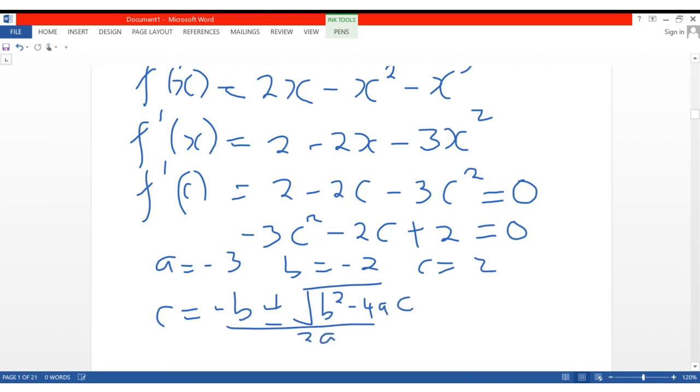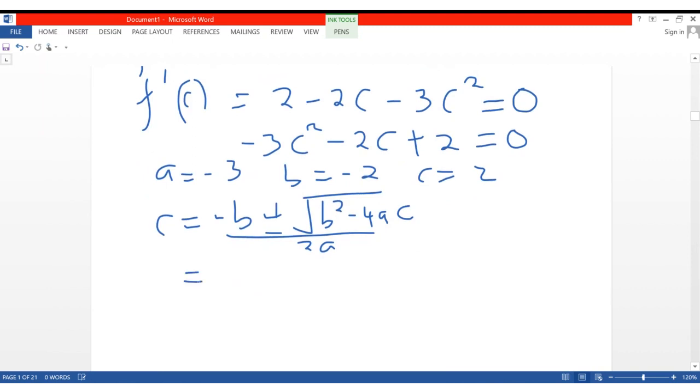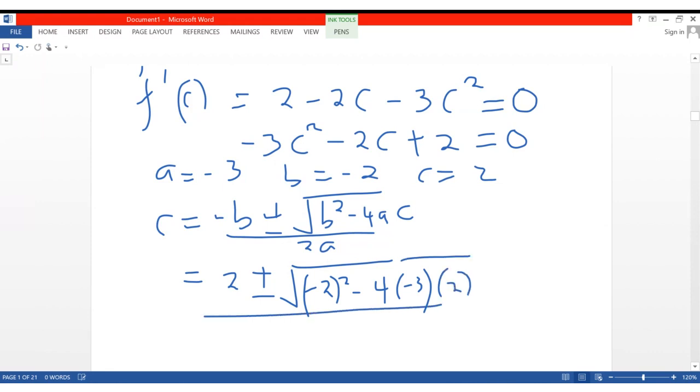So let's solve this and see what we are getting. Our negative b will be positive 2. Then b squared, that is negative 2 squared, minus 4 times a, which is negative 3, times c, which is 2, all over 2 times negative 3.